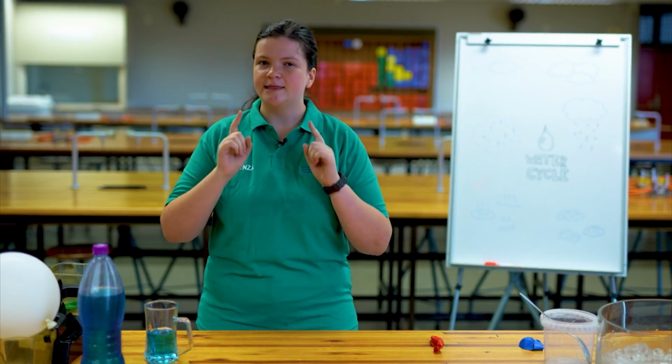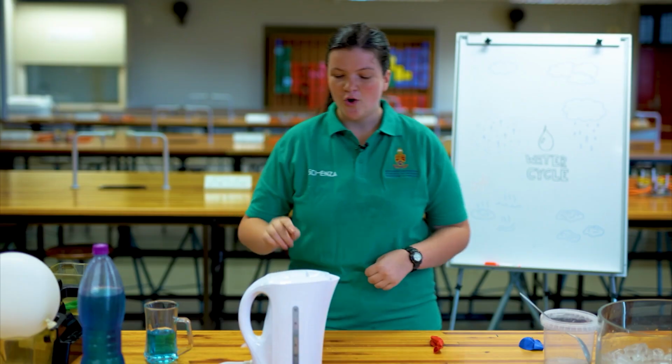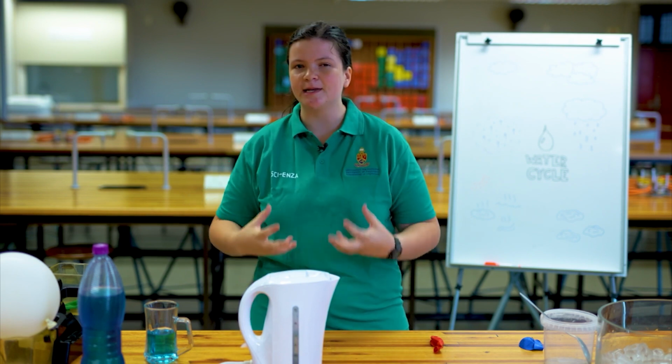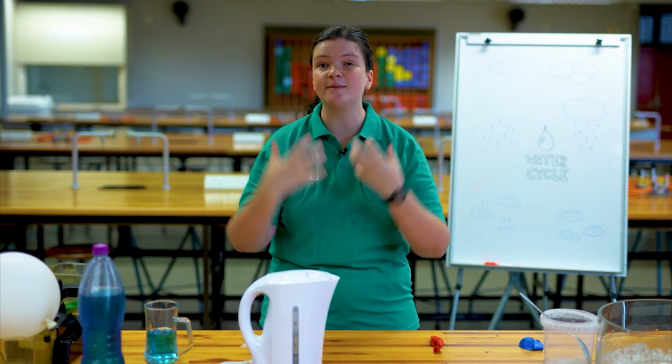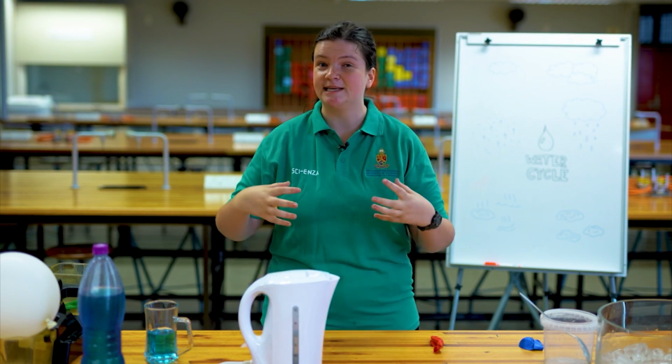So, there's another neat little trick that I can show you. Just like liquids can turn into solids and solids into liquids, liquids can also turn into gases. When we boil kettles, we heat up a liquid until it vaporizes and turns into water vapor, which is a gas.